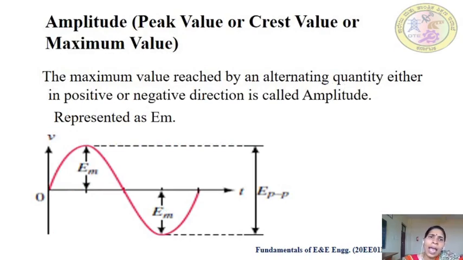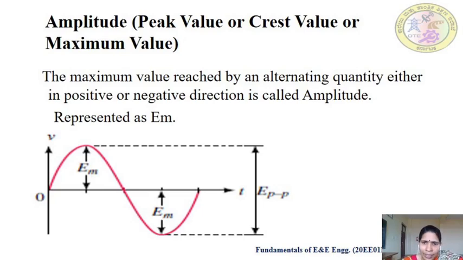Next is amplitude, or peak value, or crest value, or maximum value. Amplitude is defined as the maximum value reached by an alternating quantity, either in positive or negative direction.